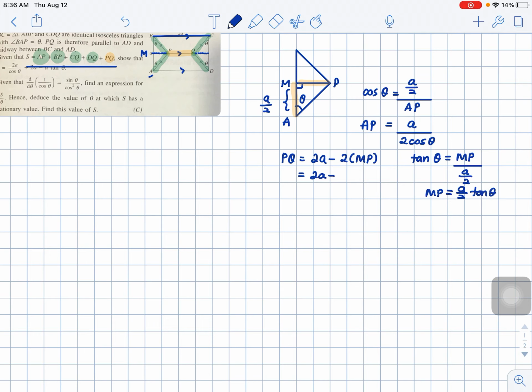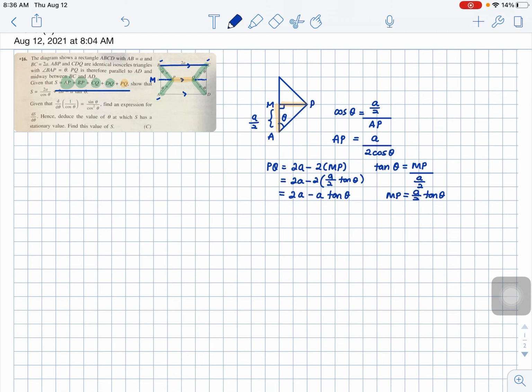So 2 times of the MP is going to be A tangent theta. We have all the necessary details.